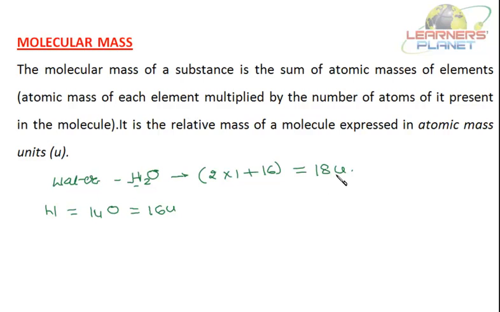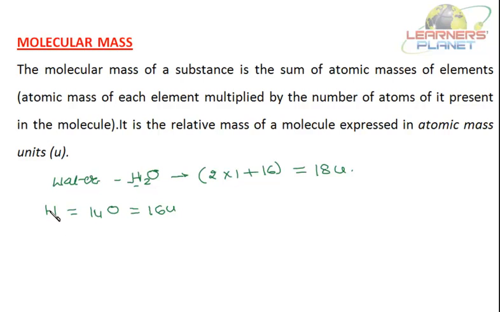It is a relative mass, as the atomic masses are relative to the mass of the carbon-12 atom. What is 1 u equal to? It is the mass which is exactly equal to 1/12th of the mass of a C-12 atom.